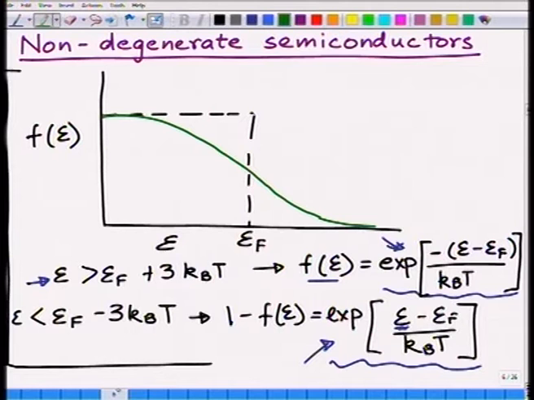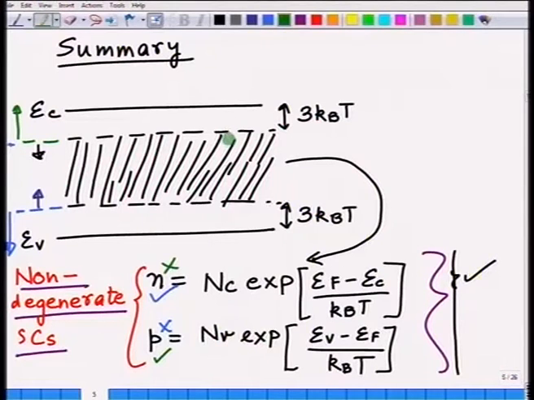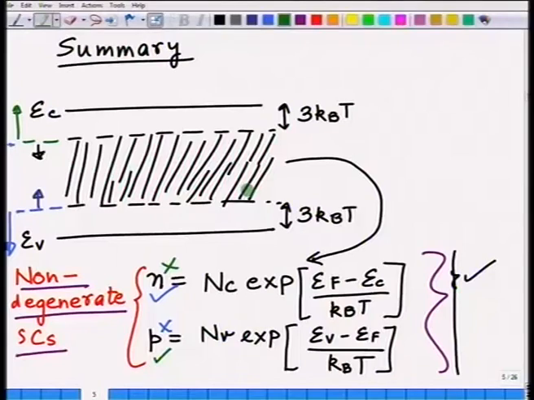The point therefore is that the behavior of electrons is somewhat classical when the Fermi energy lies in this range, and that's that. So, you can think of this as a non-degenerate semiconductor or a classical semiconductor when the Fermi energy lies in this shaded region. Otherwise, of course, you have to use the Fermi-Dirac distribution for Fe, the full distribution, which results in the Fermi-Dirac integral of order half, and that has to be evaluated in that case.